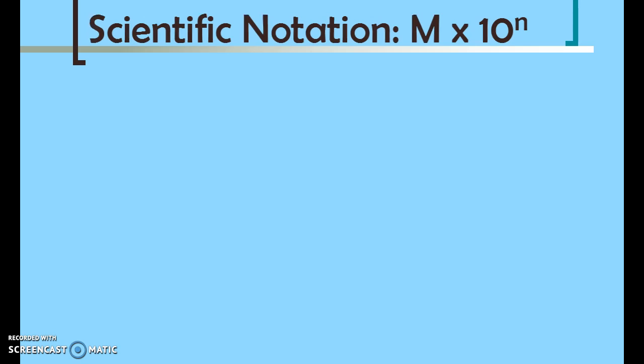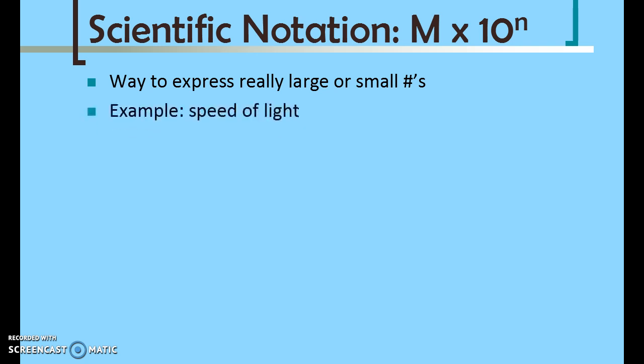So with scientific notation, basically the purpose of that is it's a way for us to express really large or small numbers in a more simple format for writing it. And as well, it'll also need to be typed into your calculator a specific way in order to perform upcoming calculations. A great example to use is the speed of light.